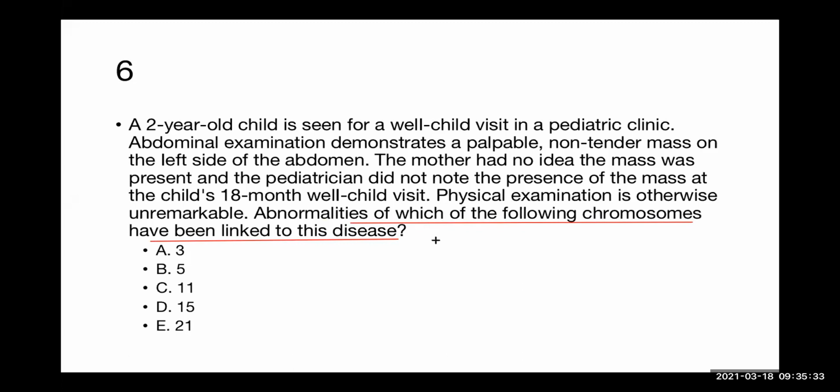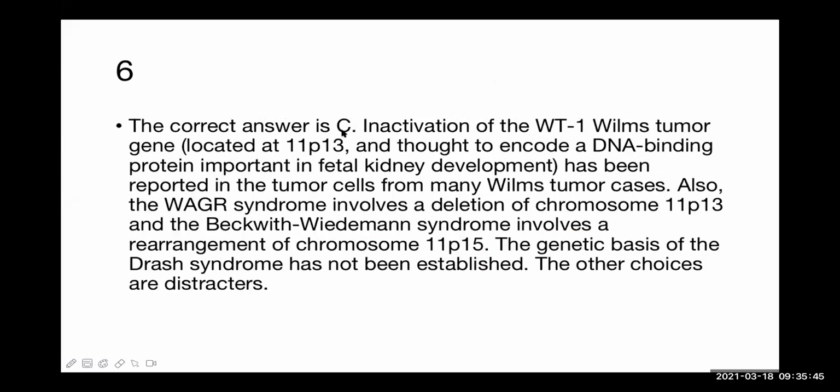So this is a bit of a difficult question. If you have not studied this well before, the answer is chromosome number 11. Okay, it is 11. The correct answer is C. Inactivation of the Wilms tumor 1 gene, which is located in 11p13, short arm of 11. So this is the important point here.